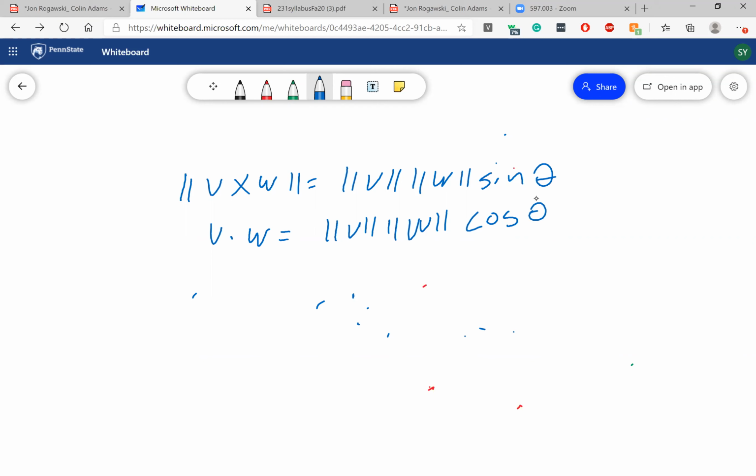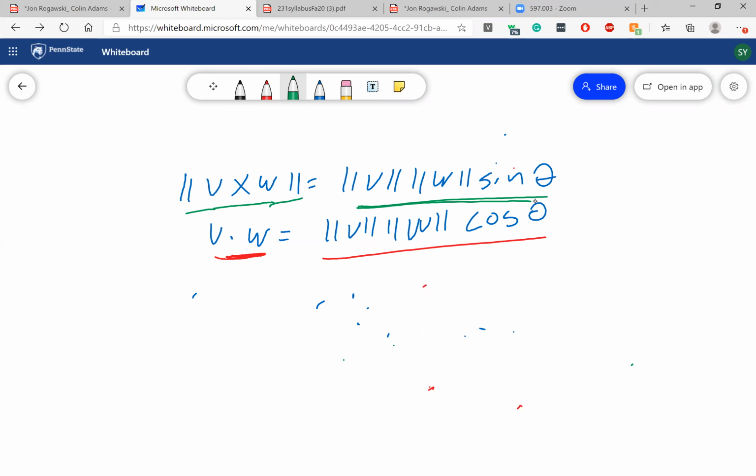As we can see, this over here is a constant, whereas the cross product is a vector, so we need to look at its magnitude, and the magnitude of this is going to be equal to this constant.